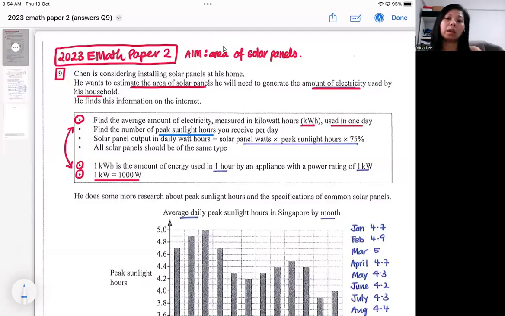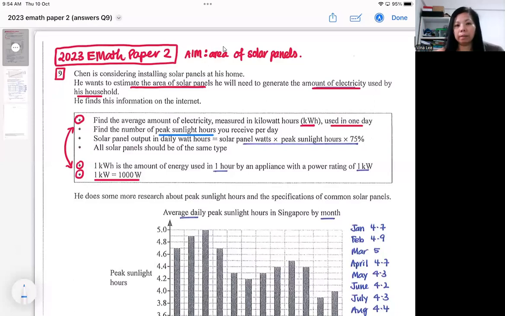But in some countries, it can be 5 o'clock, 4 o'clock, and it depends on the season. So the sunlight hours received is not the same every day. We also need to factor that in, so that on the days where you don't have a lot of sunlight, you still have enough electricity to use. That is part of the consideration.